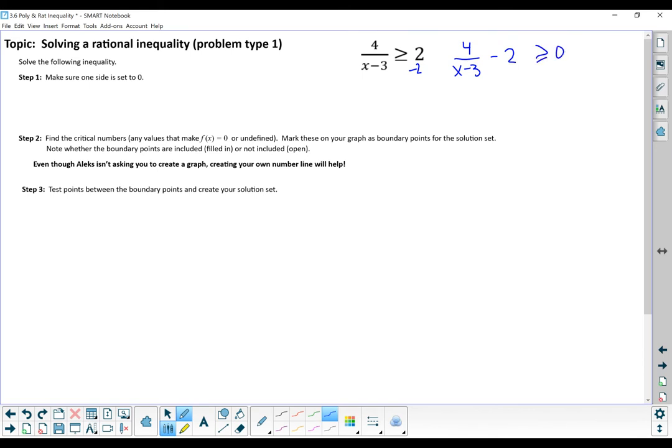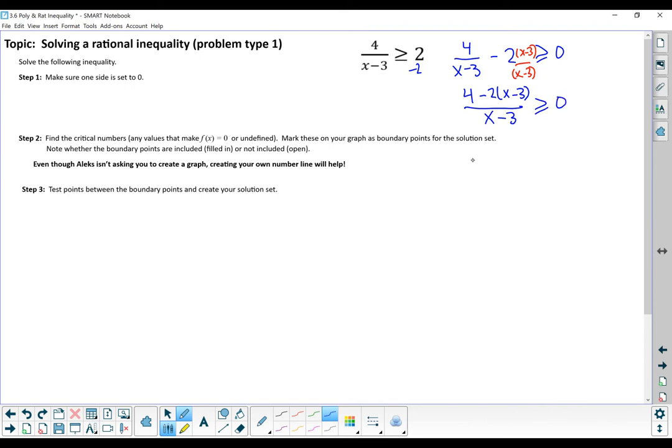So I have my 0 now, but this is not a very useful form of the equation. I need to get a common denominator so I can combine those two terms together. So that gives me 4 minus 2 times x minus 3 over x minus 3 greater than or equal to 0. So I do have them combined now.